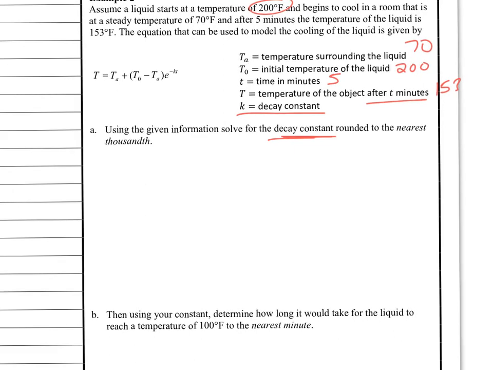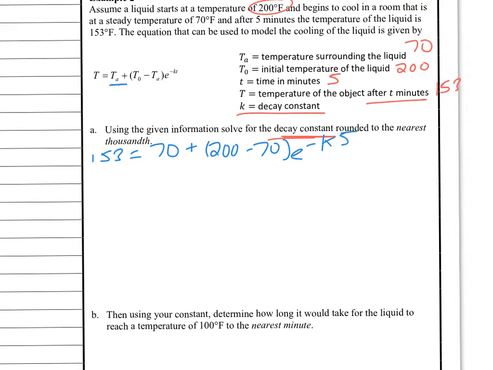So we're going to plug in our variables. Okay, the value of T, the temperature after a certain number of minutes, after the 5 minutes, is 153. So we start off with 153 equals T sub A, the temperature surrounding the liquid, which we said was 70, plus T sub 0, which is the initial temperature of 200, minus T sub A, the temperature surrounding the liquid, e to the negative K times T, which we said is 5.